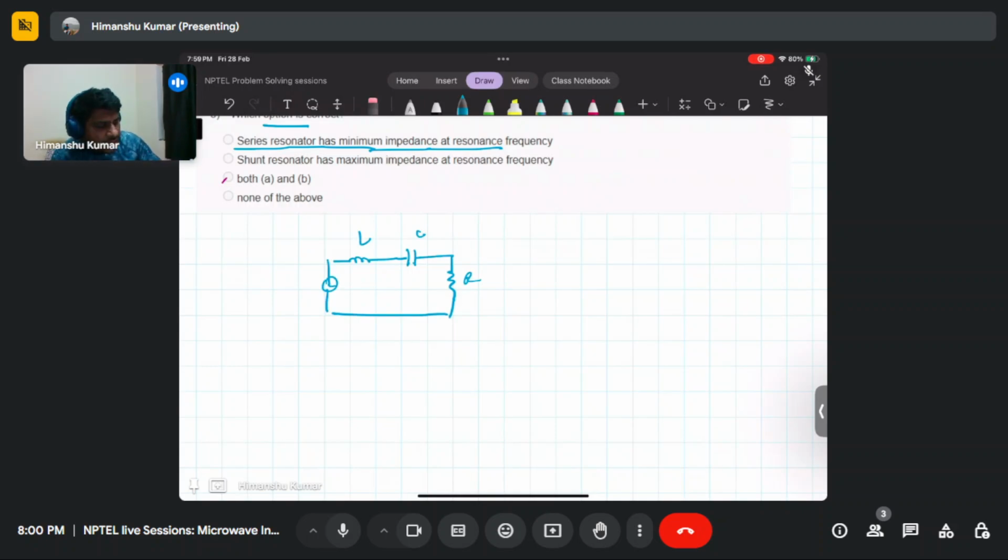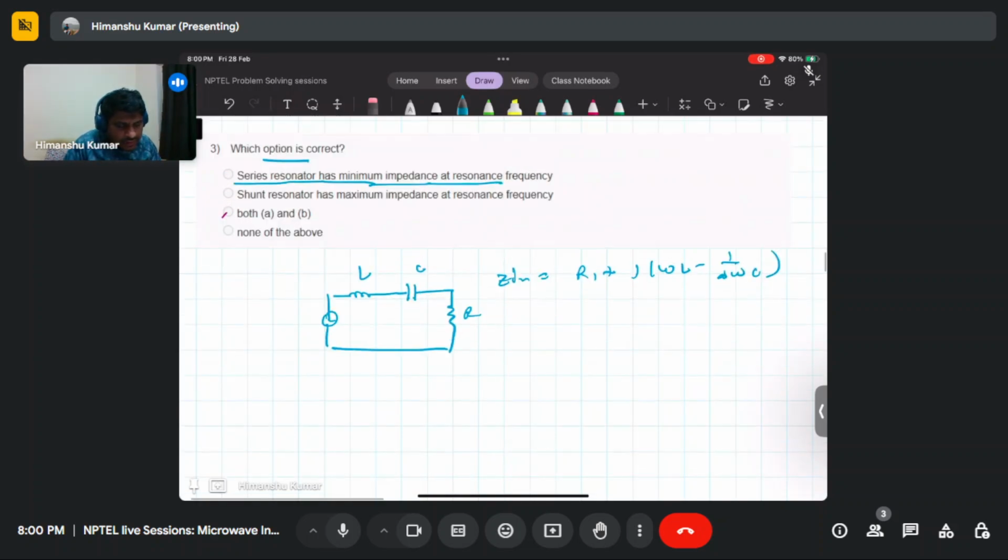You can write the Z in as R plus j times (omega L minus 1 by omega C). So at the resonance frequency, the impedance will be minimum.